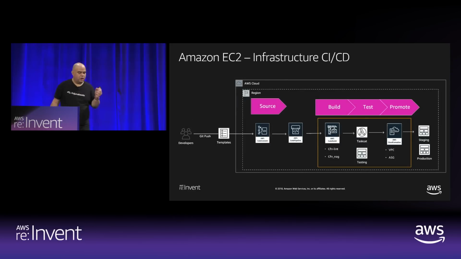Now, this is how that particular EC2 example looks. It should look really familiar because we just talked about this before, where you have CodeCommit, a pipeline, using tools like cfn-lint, cfn_nag, and TaskCat. And TaskCat is powerful enough that the people who wrote it use it not only for relatively simple templates, but also for fairly complex nested stacks.